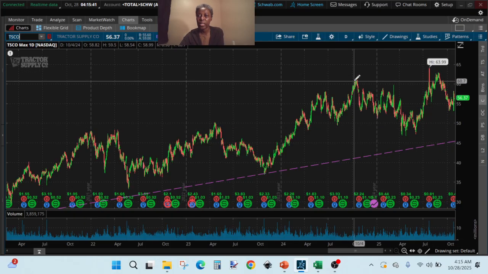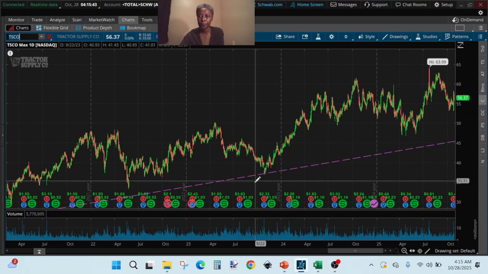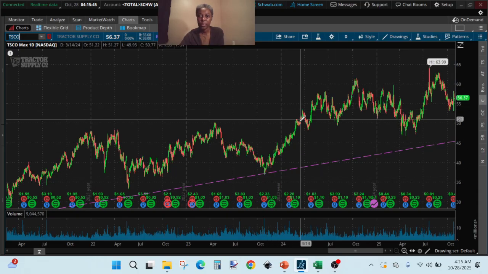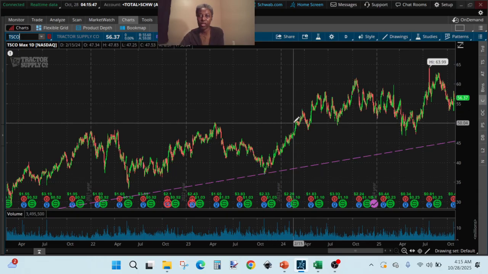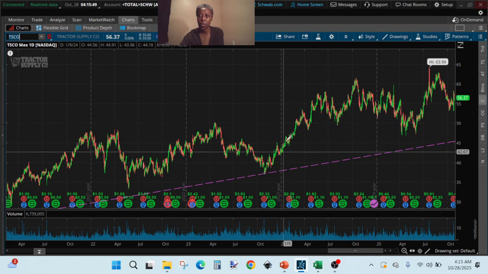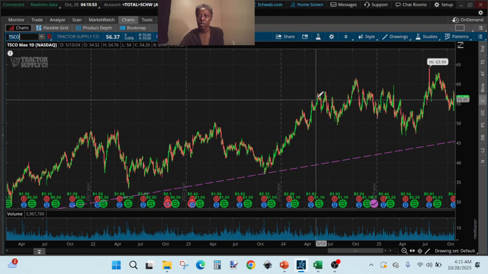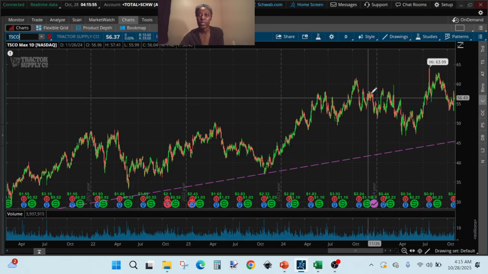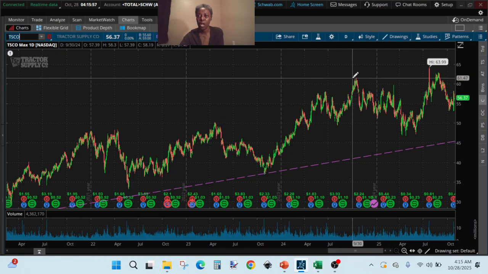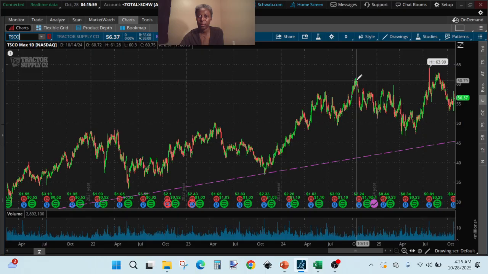By looking at this, for instance, it reached the highest peak somewhere here in this circle, and from that level it continued to reach a higher peak up to this area, and then it pulled back.